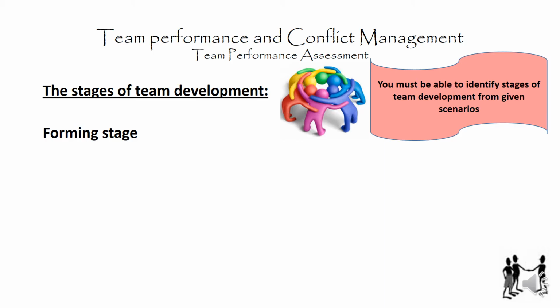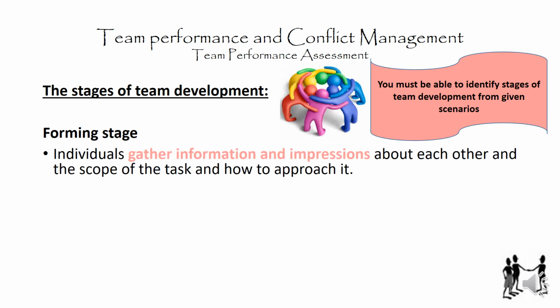The first stage that we're going to look at is the forming stage. This is where different individual team members gather information and impressions about each other and the scope of the task and how to approach this task. So the group has basically just been formed. This is the first stage.